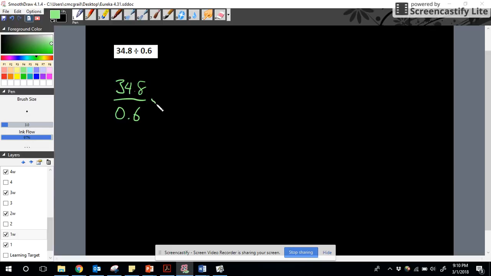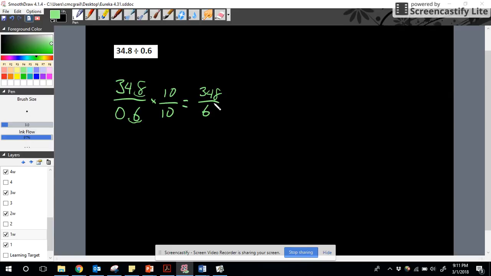So I'm going to multiply it by 10/10. And what that's actually going to do is shift every number one place value to the left. Another way of looking at it is it'll shift the decimal point one place value to the right. Either way you look at it, the same thing happens. So my new number is going to be 348/6. Remember, this is still a division problem.